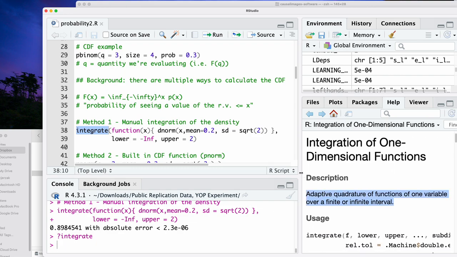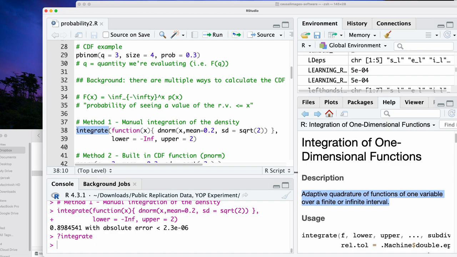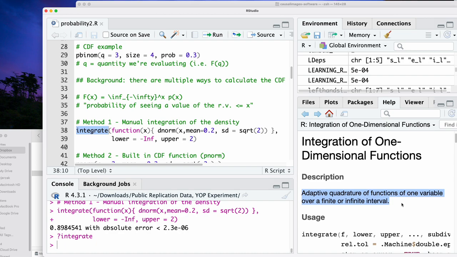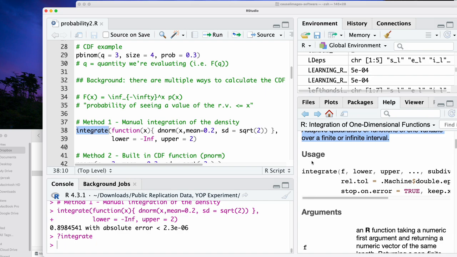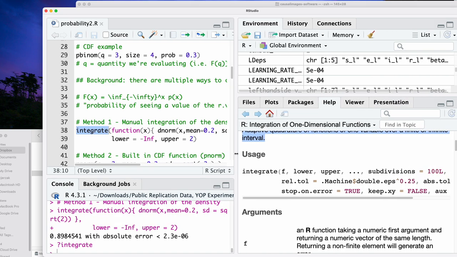There's a description here. The description is not essential for the purpose of the discussion right now, but it's just for your own edification. Basically, what we're going to do now is pass into this integrate function a function. This is a subtle thing for some of you who are new to programming. One of the inputs to the function is a function, because in R, a function is just an object like any other.